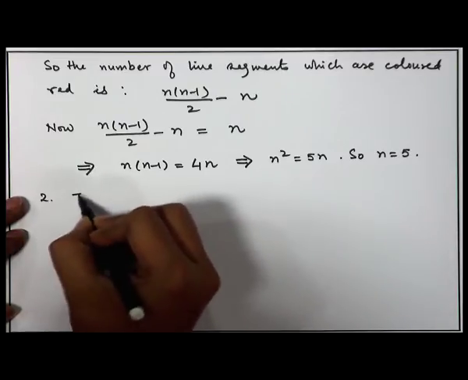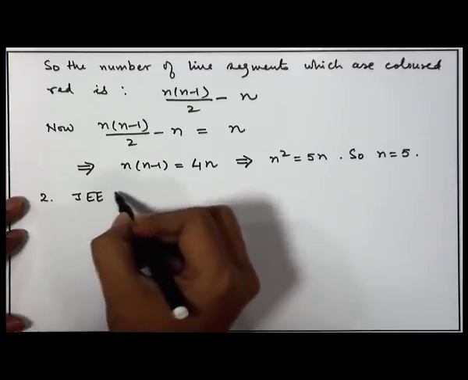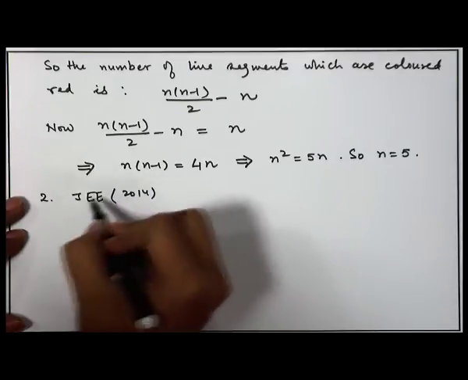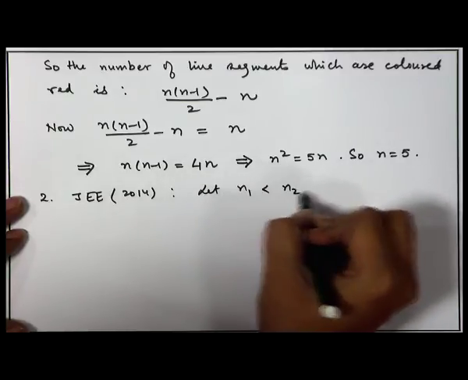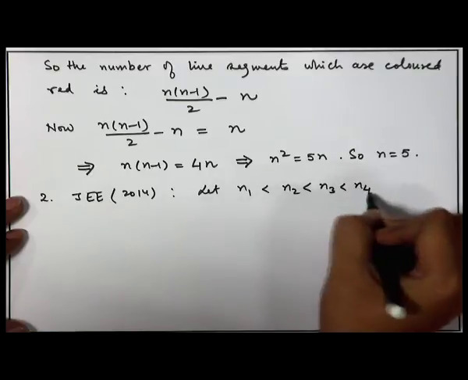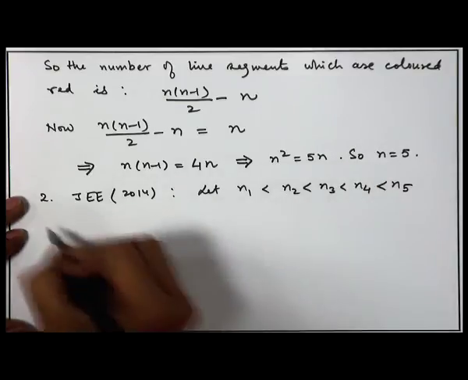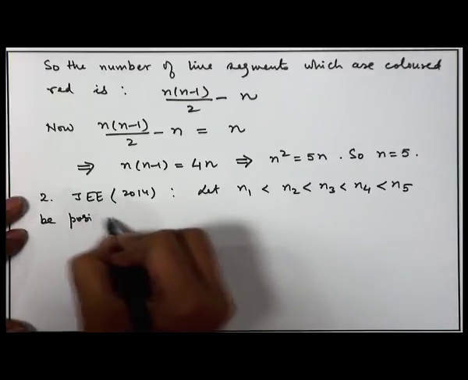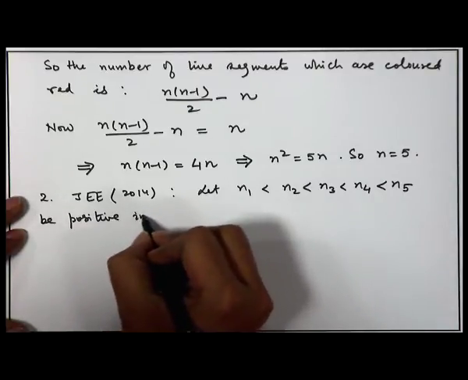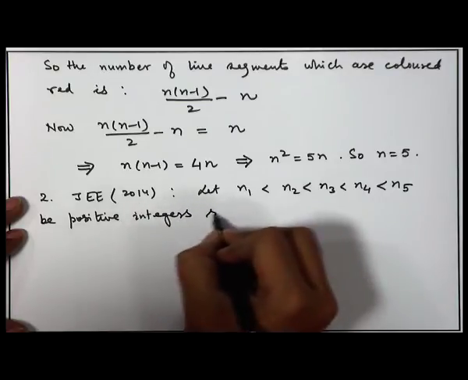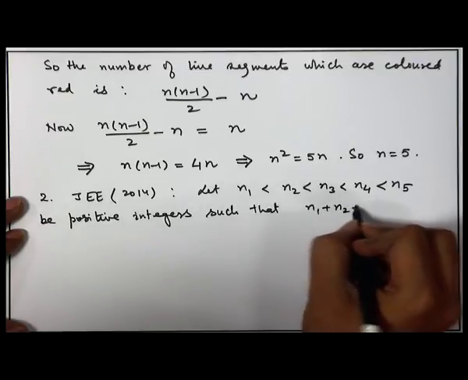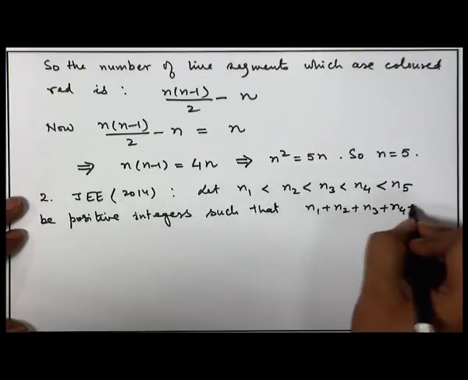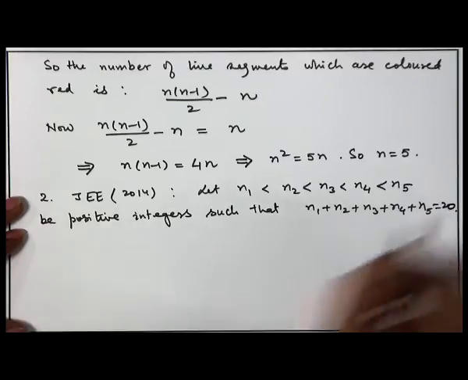Let me solve another problem, which is again from one of the JEE question papers. It is again counting in a particular way. So, let n1 less than n2 less than n3 less than n4 less than n5 be positive integers such that n1 plus n2 plus n3 plus n4 plus n5 is equal to 20.